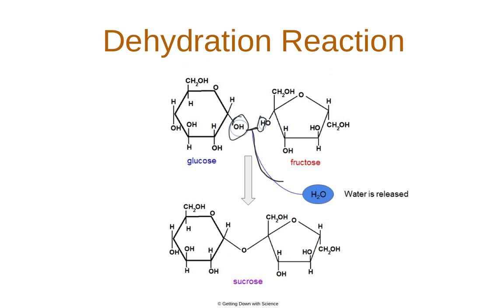Those two, when they come together, form water, and we release water. The bond between this oxygen will occur with the space right there. Those two monomers of carbohydrates will form together, creating a longer chain called sucrose.